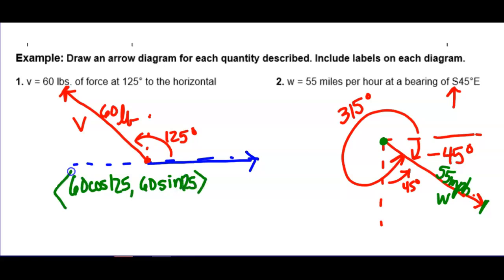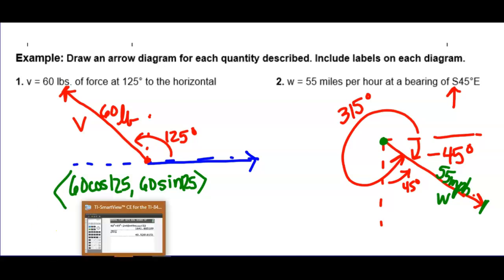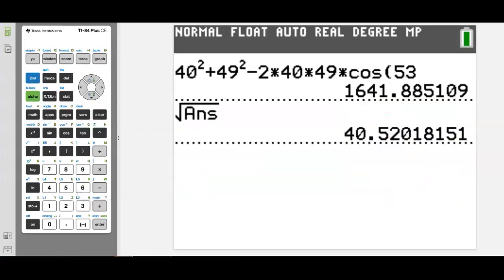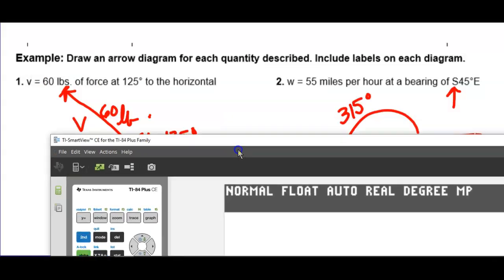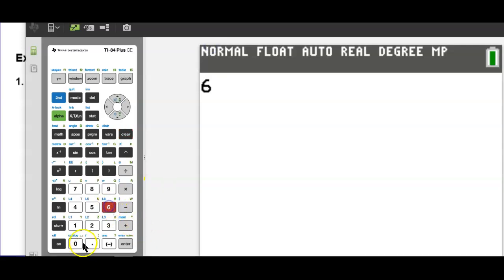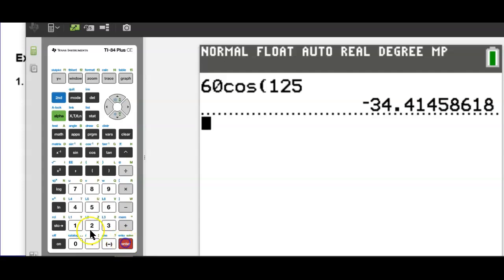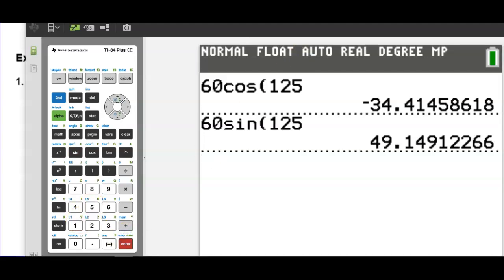And then we're going to write it in components, making sure we're in degree mode, which I am in degrees, and I already forgot what it was. 60 cosine 125 and 60 sine 125. Okay, now it came out negative positive. Does that make sense?